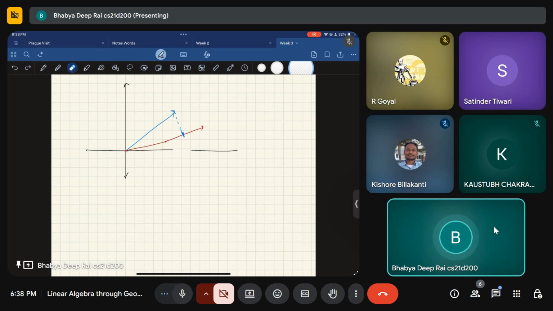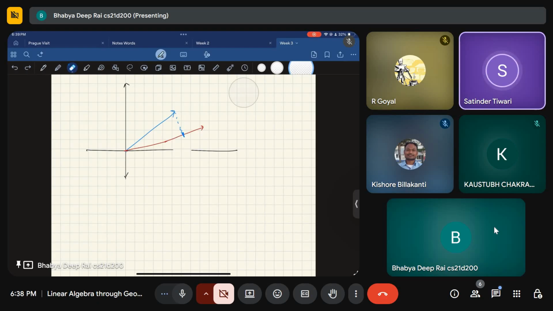Yeah, that's right. There is another way to see it, it depends upon how you are seeing things. According to me, suppose the first vector coordinate is (a1, b1) and the second vector is (a2, b2).